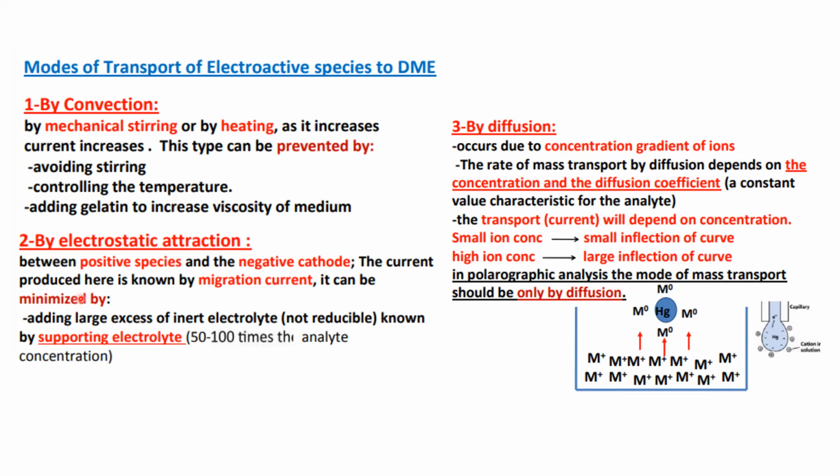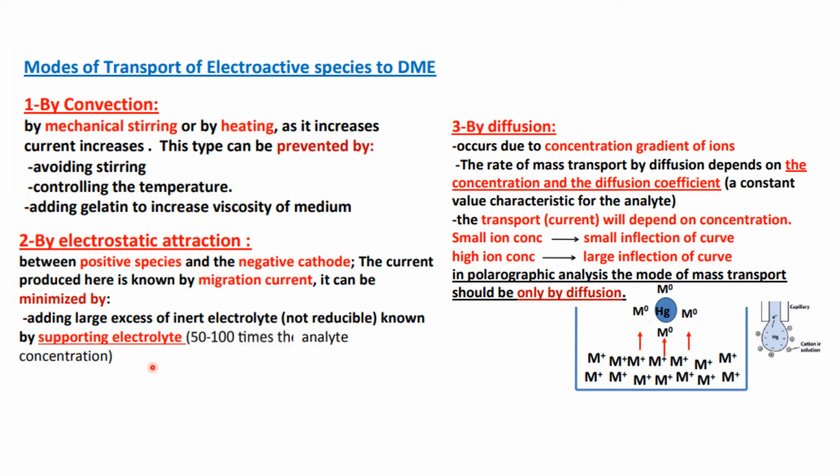Now coming to the migration current, that is due to the electrostatic attraction between the positive species and the negative cathode, and this can be prevented or minimized by adding an excess of inert electrolyte. Usually in polarography we make use of a supporting electrolyte. We have a solution of the analyte as well as a supporting electrolyte.